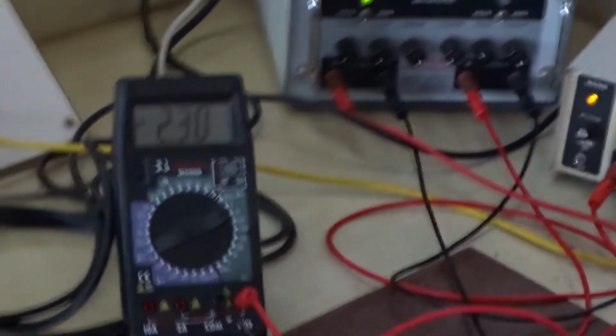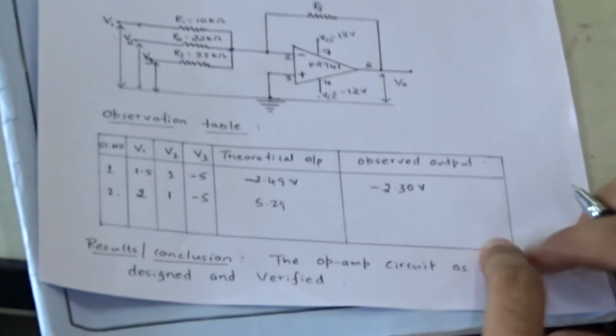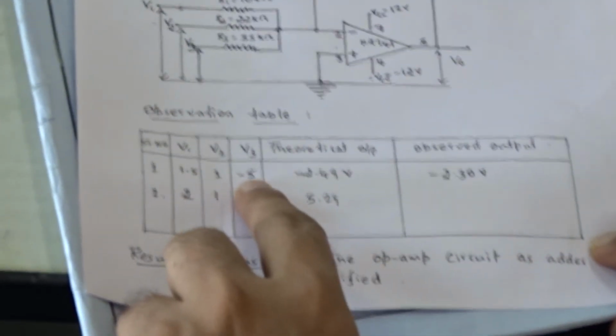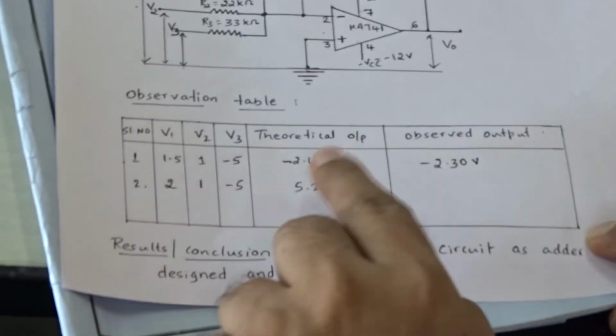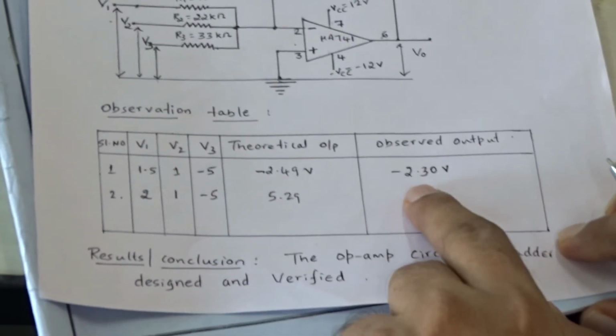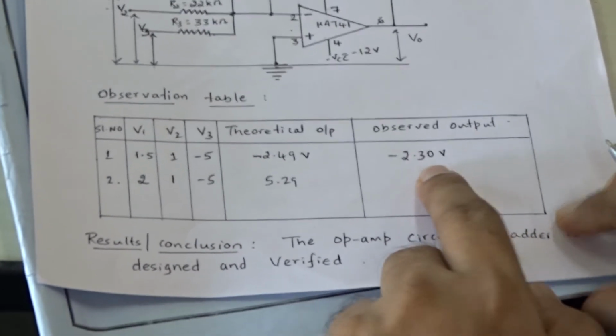This is the output of the op-amp with V1 is 1.5, V2 is 1, and V3 is minus 5. The theoretical value I am expecting is 2.49, but practically I am getting minus 2.3.